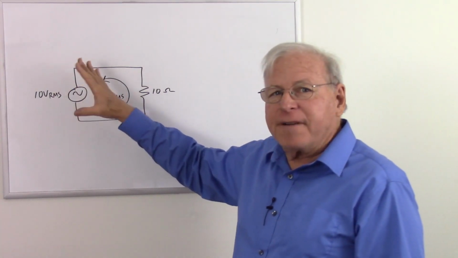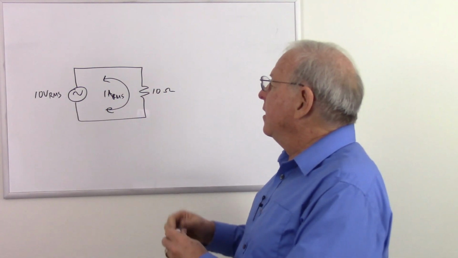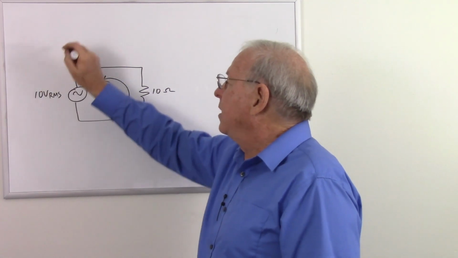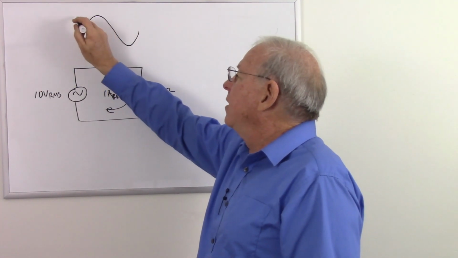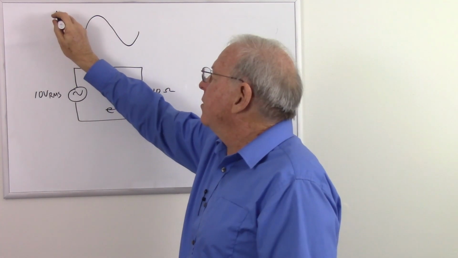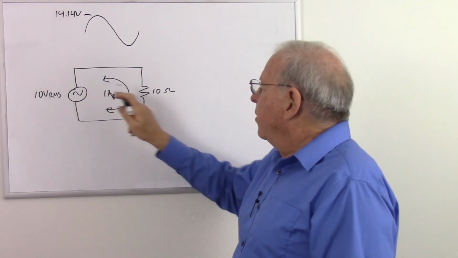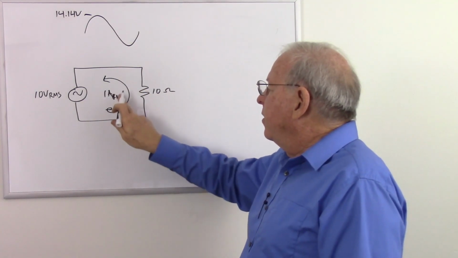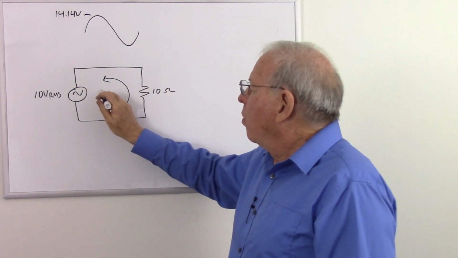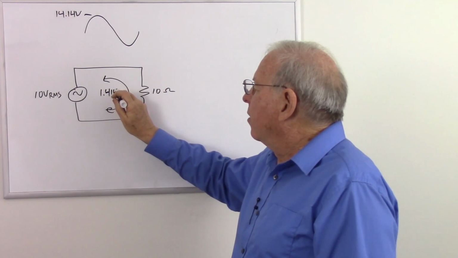And also, if I freeze time, let's say at the moment that this happens to be, there's our curve again, we're right at the peak at 14.14 volts. Divide 10 into that, that's going to give me 1.414 amps.